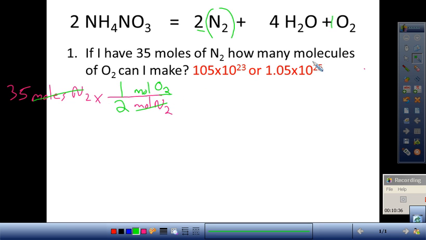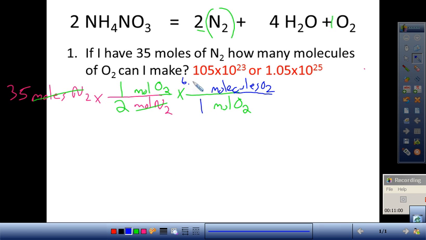Now I'm in moles of O2, but I want molecules of O2, so I got to keep going. I'm going to take the units, and from moles, I can certainly convert it to molecules. And for molecules, there's only 1 mole in the fraction, so I write 1.